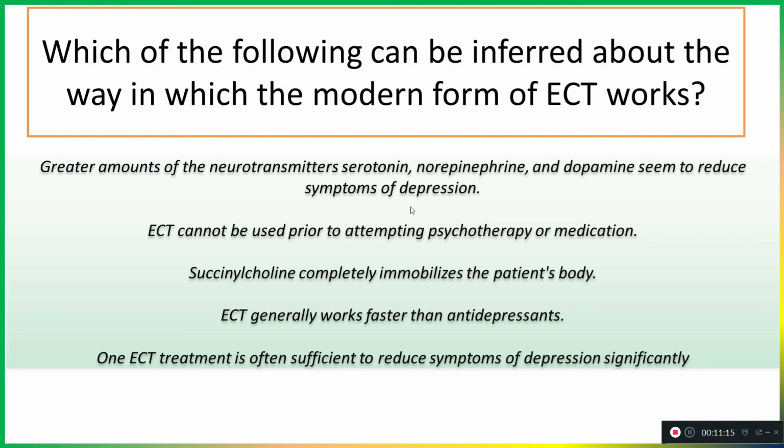Something that you derive from the information that is given only. So when I talk about the first option, greater amounts of the neurotransmitters, these, and these, seem to reduce symptoms of depression. It is nowhere mentioned, so we cannot infer it.